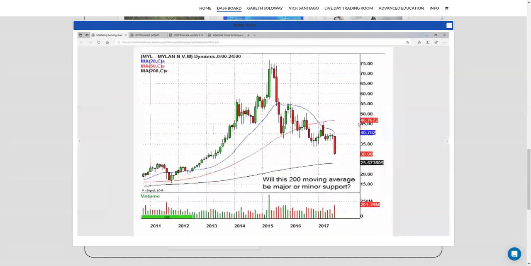All right. Here we have a chart of Mylan. It's a little trick question. So the stock peaks out. What does it do here?